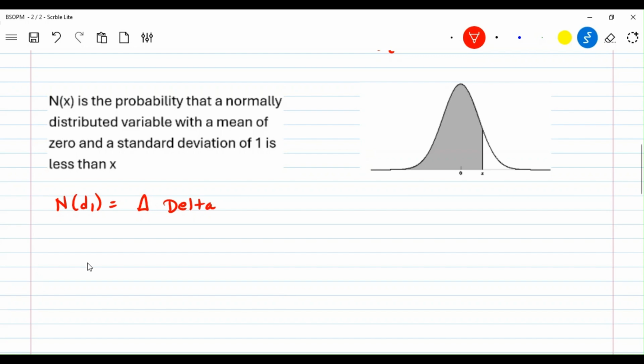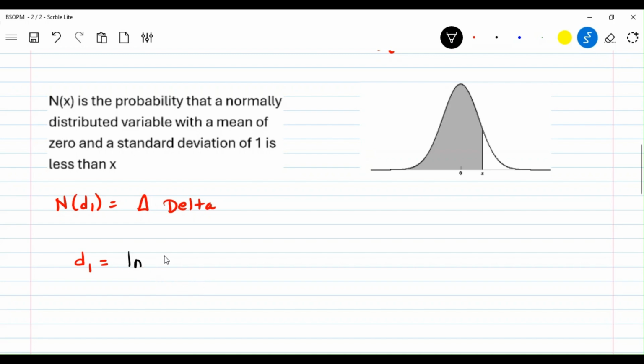Now, in order to understand this further, what is this delta and what is this probability, it is important for you to understand what D1 stands for, right? So how do we calculate D1? There is a formula for it. So what is that formula?